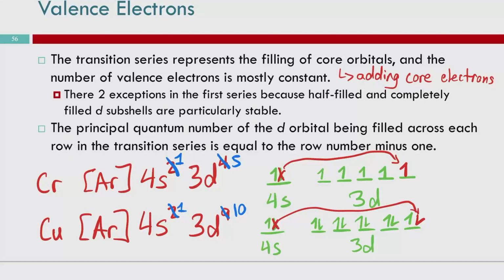Because it's more stable to have it in the 3d, even though that's core electrons. Anyway, so that's just for fun. And I'll put that in quotation marks to represent how I'm assuming that we feel about it.